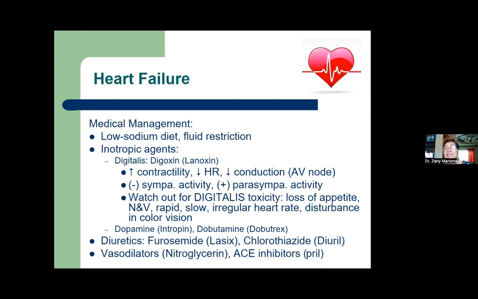Bakit kaya? Di ba? Trace natin yung patophy. Nung may decreased cardiac output, there's altered renal perfusion, meaning decreased blood flow to the kidney. So the kidney will produce or release renin. Renin plus one substance will form angiotensin 1, plus another substance will form angiotensin 2.